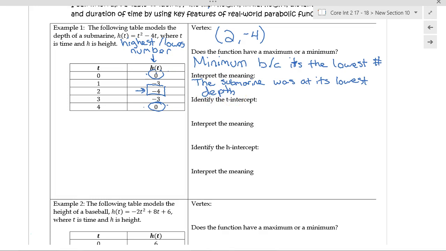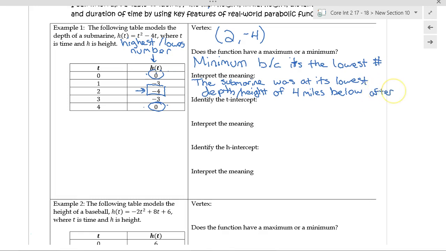So lowest height or depth of, well, what was its lowest? Of 4 miles, we'll go with miles. 4 miles below, that's what the negative means. You wouldn't say it's negative 4 feet. We would say it's like 4 feet under the ground or 4 feet under the water, so 4 miles below.